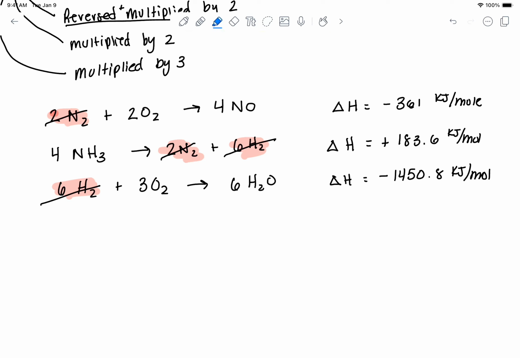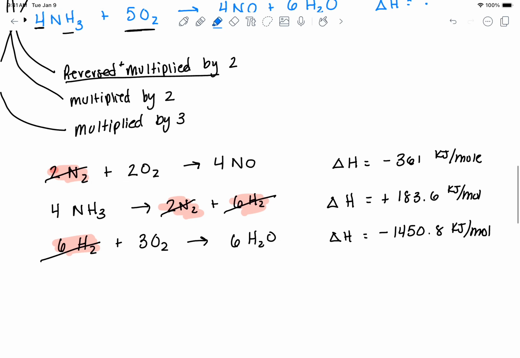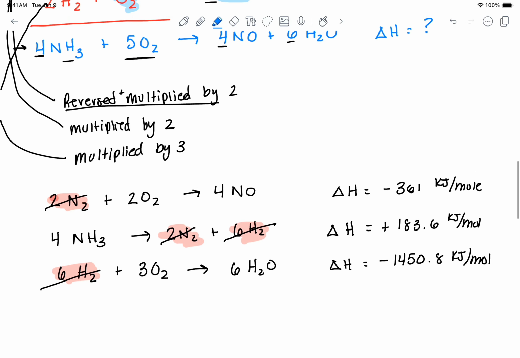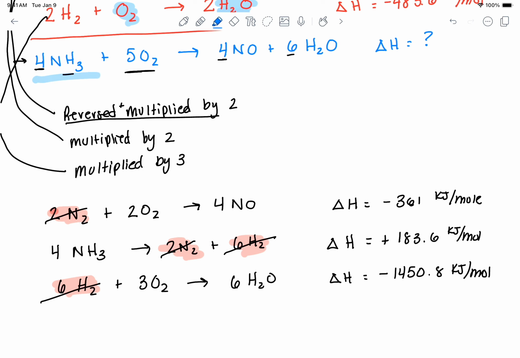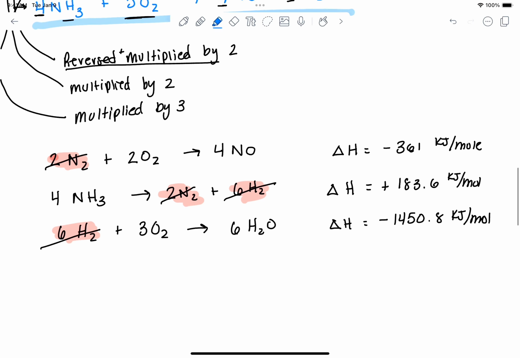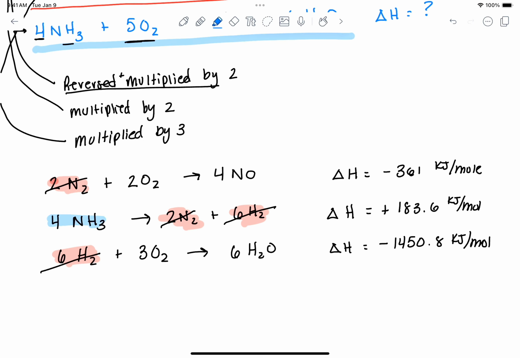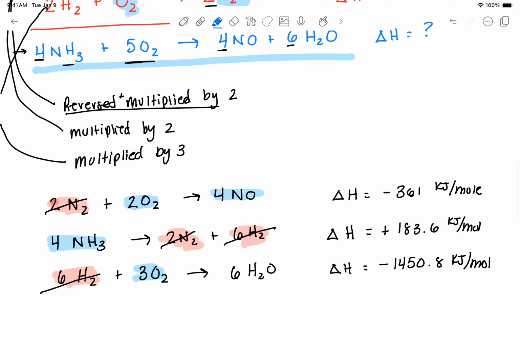We now want to check that our final products and reactants equal out to the equation that we have up here in blue. So we need to find our 4 NH3s. We have our 5 O2s from these 2 equations, so they're going to be 2 O2 plus 3 O2. We have our 4 NOs and our 6 H2Os.